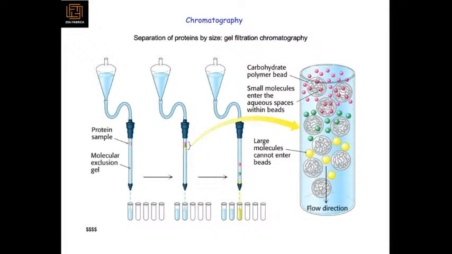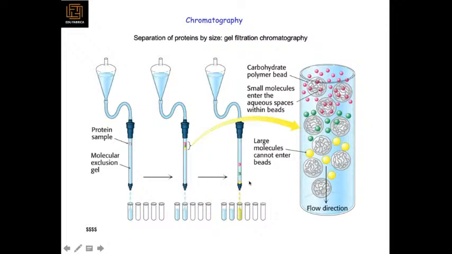In gel filtration chromatography, you have a protein sample here and you have a gel at the bottom, a silica gel, a molecular exclusion gel. With time, you will see that there are some carbohydrate polymer beads where your small molecules will enter and attach to them, and the bigger ones will start to flow.